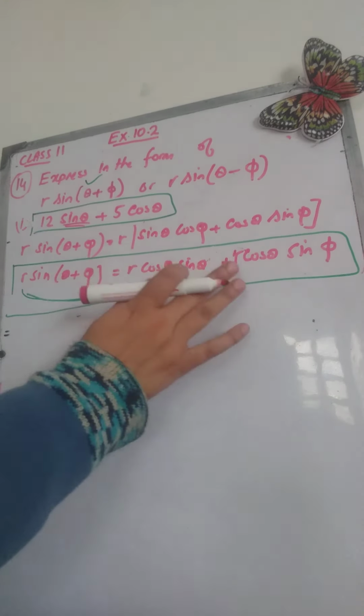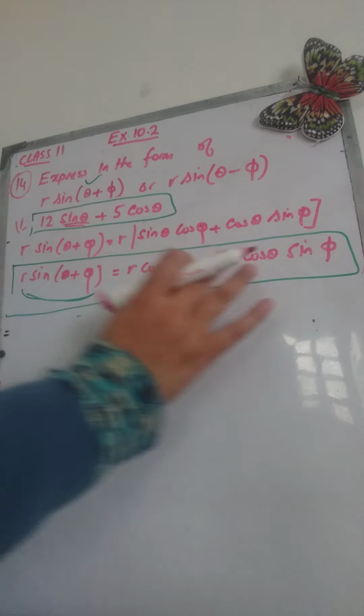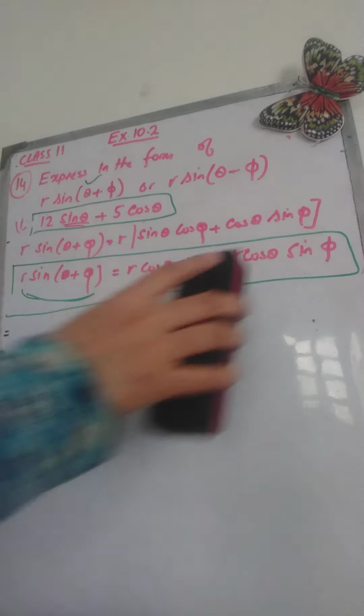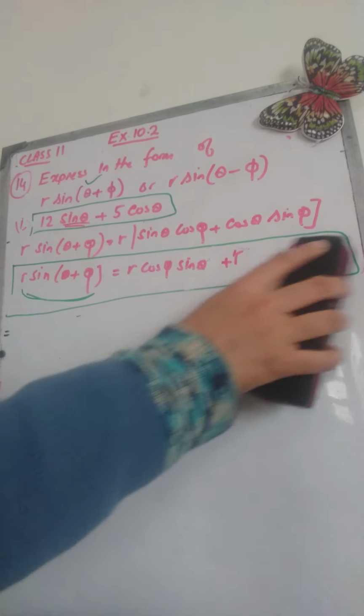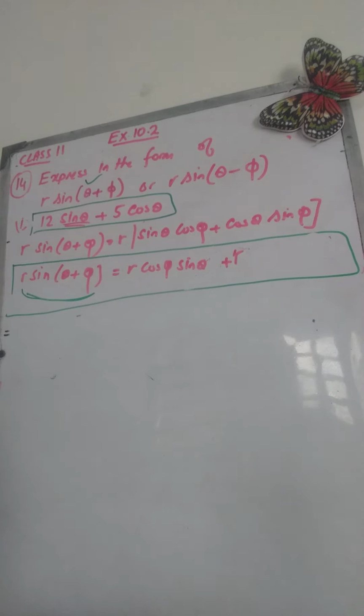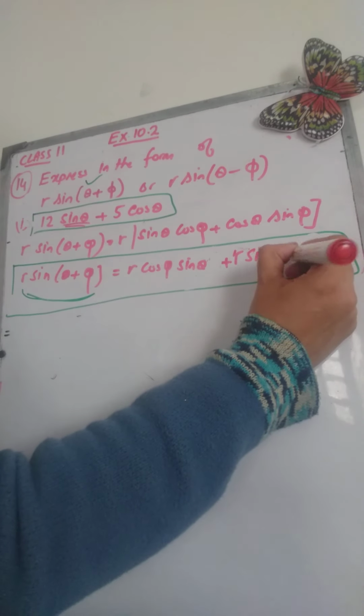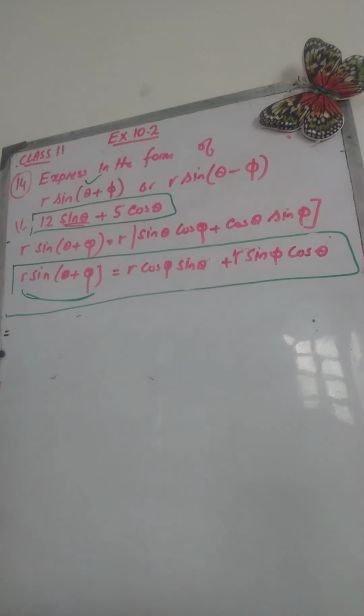That's the same thing as over here, and over here I'm going to write cos theta and sine phi, because it will make things clearer. Okay, r sine phi and cos theta.